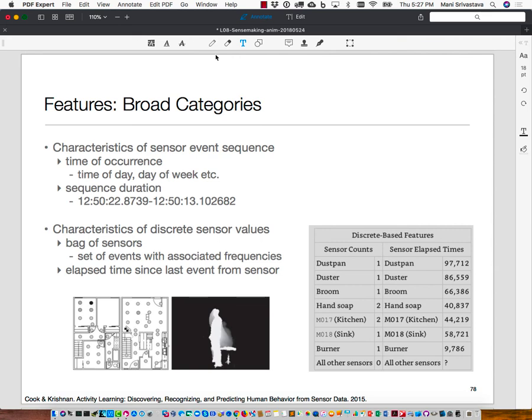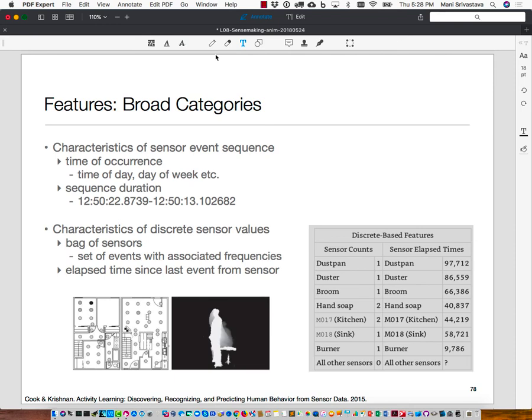So if you see the dustpan sensor being triggered, it's likely a sweeping activity, right? Which motion sensors are triggering tells a fair bit about the activity. If the motion sensor in the bathroom is triggering, it's certainly not because I'm cooking.